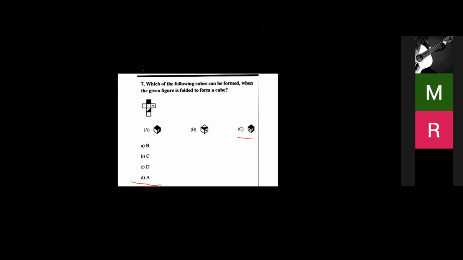So they both make the opposite side, right? The fully shaded and half shaded. So by that way, option A fails, and option C also fails. The only option is option B, right? Do you get what I'm saying?